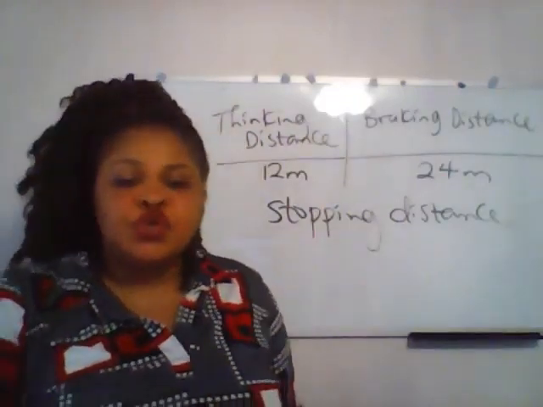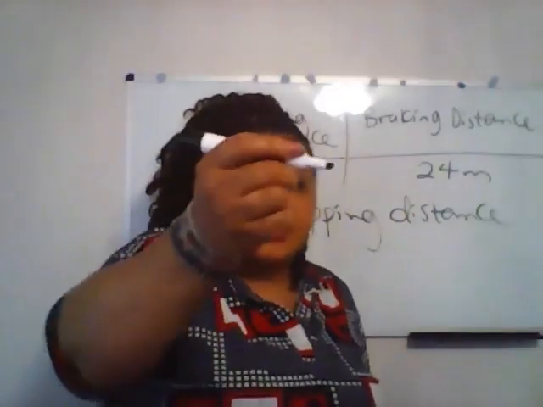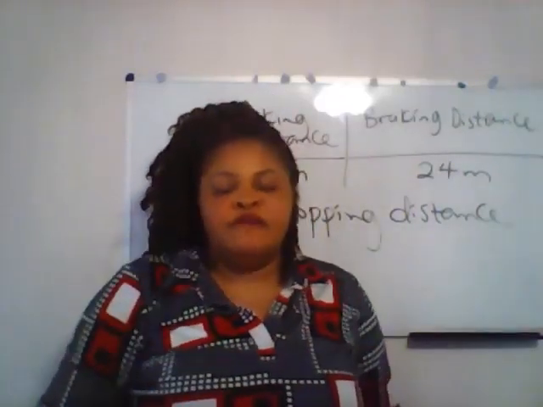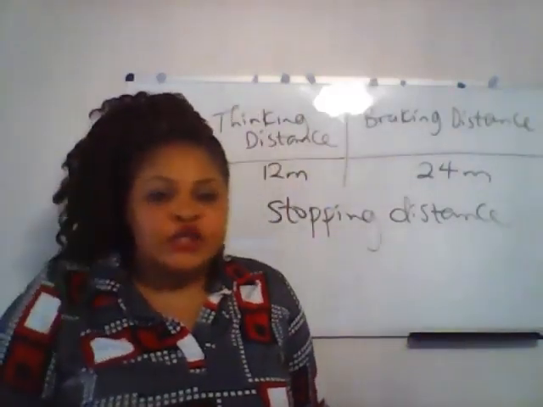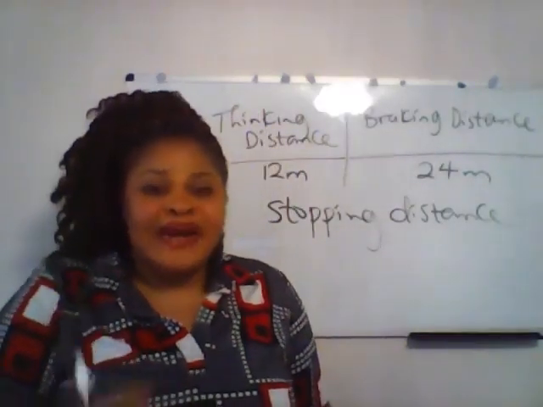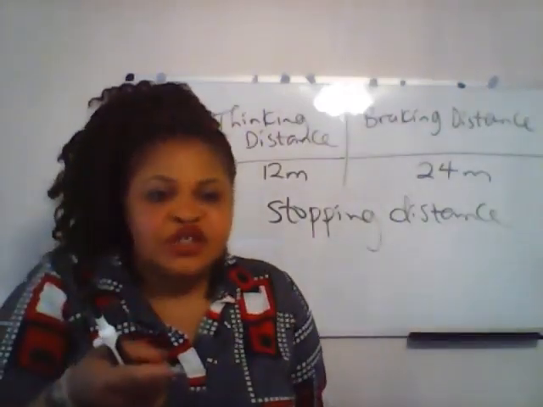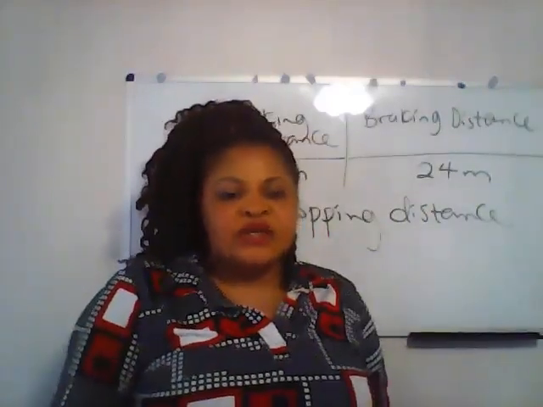If a person is driving and they suddenly see another car coming towards them, or a child or a football rolling in front of them, they're going to think, oh, I need to bring this car to a stop. That is the thinking distance.